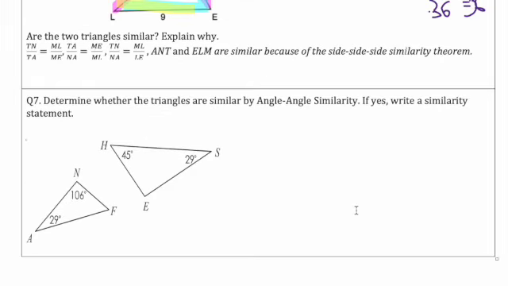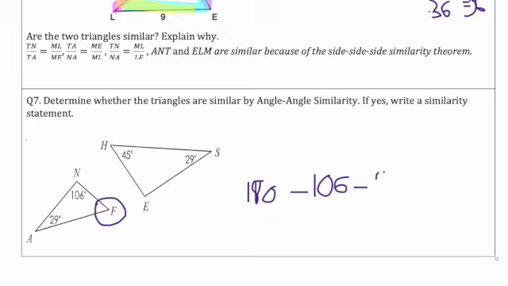So question 7, this is the last question. Okay, it says to determine whether the two triangles are similar by angle similarity. If yes, write a similarity statement. So we have to use the triangle sum theorem to find the last angle, and we do that by doing 180 minus 106, right?